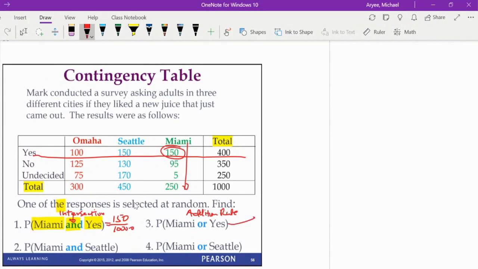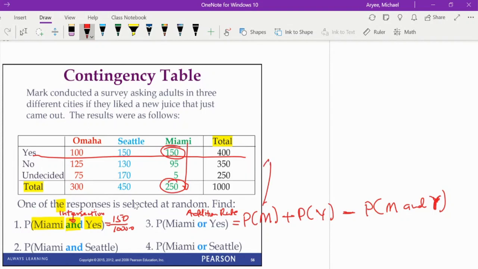But when we come to the OR, actually I could write it here. When they ask me to find the probability of Miami or yes, I have to take the probability of all the Miami people plus the probability of all the yeses minus the probability of M and Y. I have to do this. All right. So I'm going to ask myself, all the M's, the total of Miami is 250.